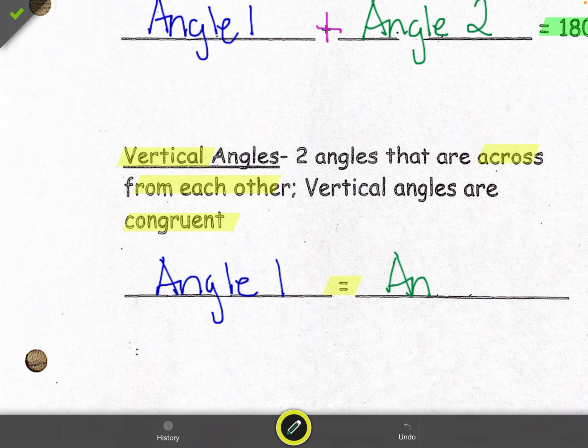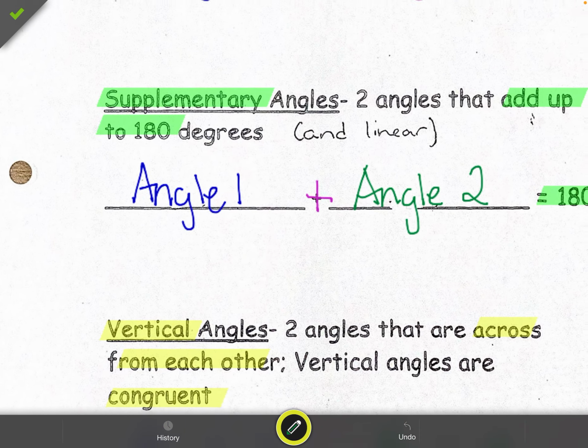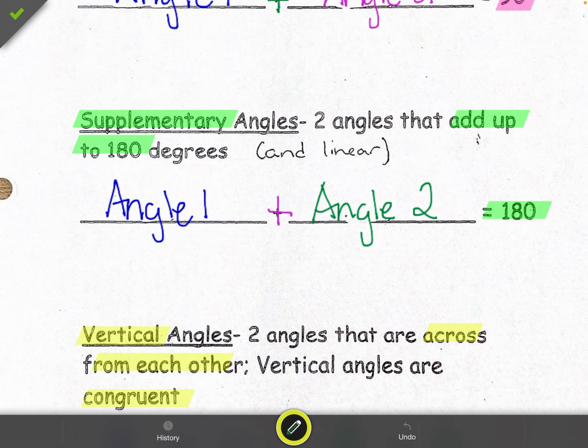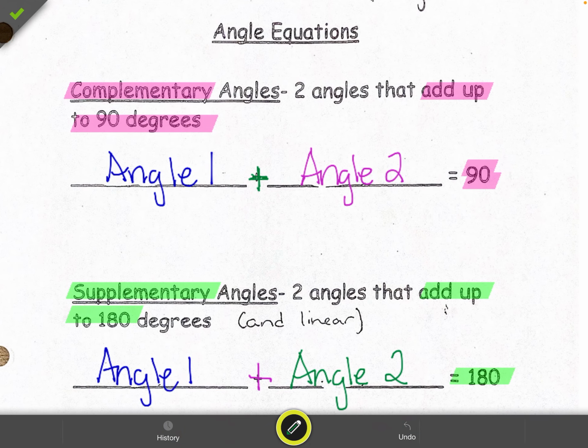So that's why it's important that you identify your angle pair, because that's going to tell you how to set up your equation. If they're vertical, you set the two angles equal to each other. If they are supplementary, you do angle plus angle equals 180. If they're complementary, you do angle plus angle equals 90.